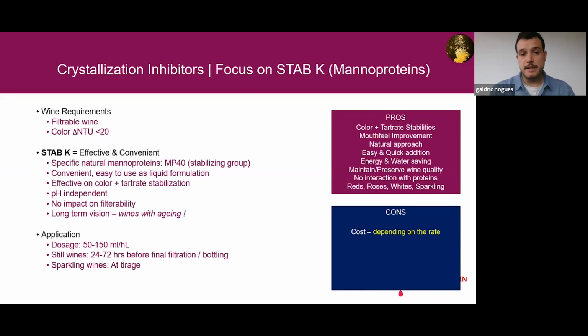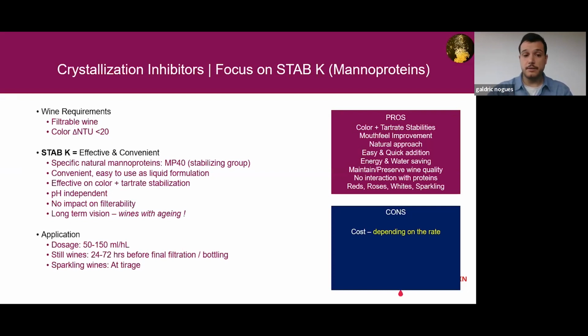StabK, once again, belongs to the MP-Caron group stabilizing monoproteins, so it's a specific natural product. Pretty convenient, easy to use because it's under liquid formulation. It doesn't need a pump over, a racking or whatever. Very effective on color, plus tartrate stabilization, so you can work on both problems at the same time.